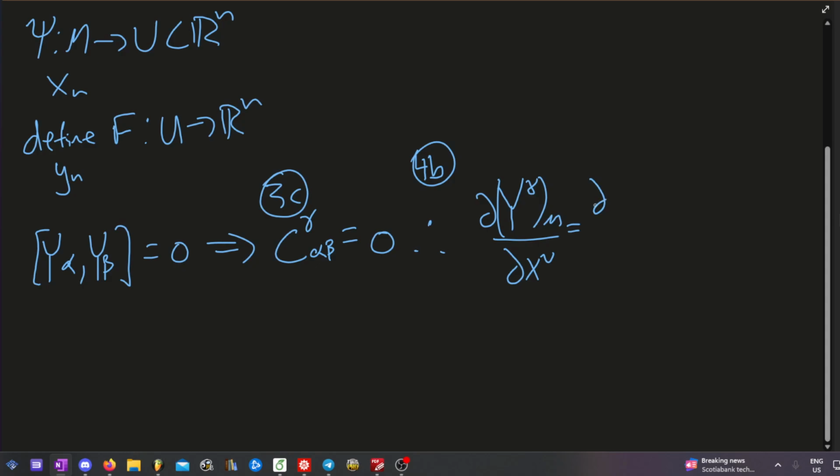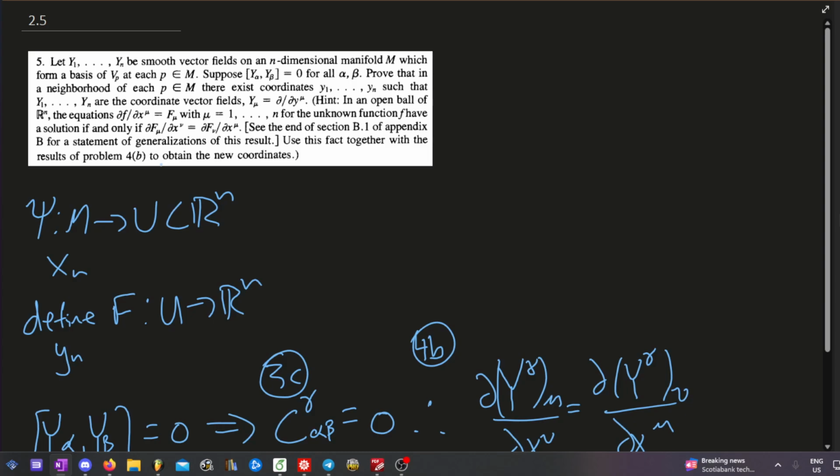So we're kind of going backwards from what the hint suggested, right? We're starting with a relation of this form, and we're going to say that by the Poincare lemma, this ensures the existence of a function that looks like this.